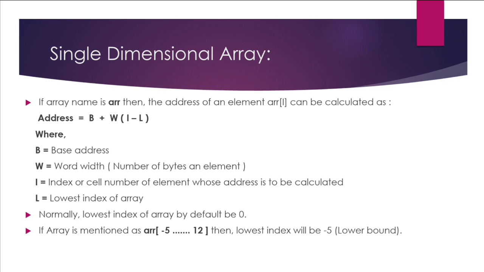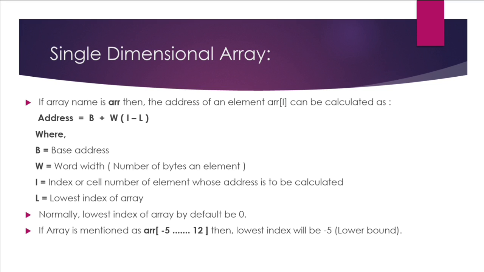If our question says our array starts from the fifth location, then our lowest index is 5. If it says it starts from the 10th location, then our lowest index is 10. It depends on the question. If it is not given, the lowest index is 0. If it is given, you have to take that value only. I is the position whose address we are going to find.